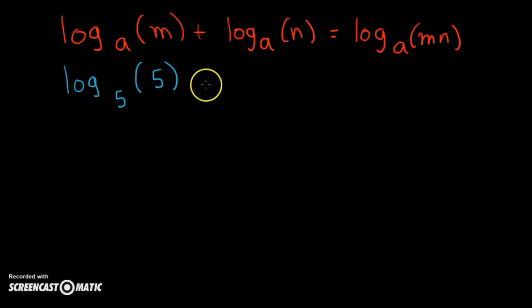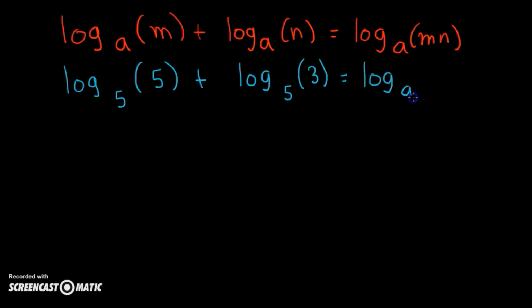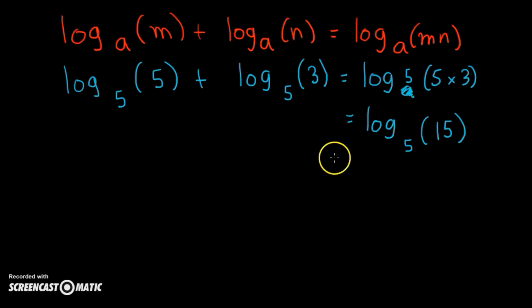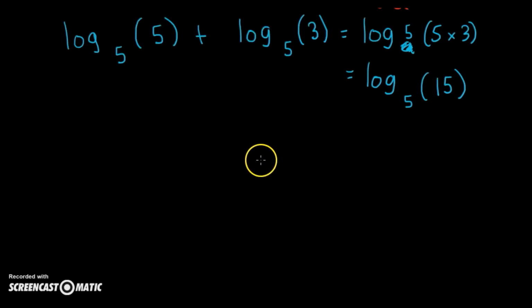Log to the base 5 of 5 plus log to the base 5 of 3 equals log to the base 5 of 5 times 3, which is log to the base 5 of 15. And we can't simplify that down further.